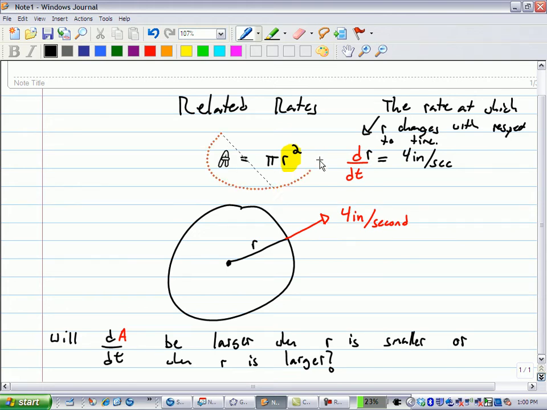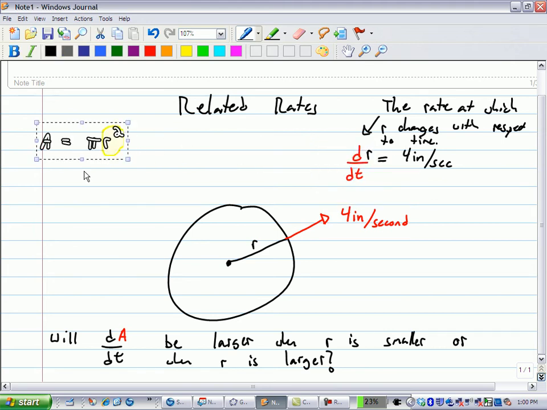We start here and we say, hey, by the way, A and r are always related in this manner. No matter what, A is going to be equal to pi r squared. If two quantities are equal, the rate at which they change will also be what? Equal. Yeah. If Alex and I always have the same amount of money in our wallet, and I'm making $10 per hour, then Alex is also going to be making $10 per hour.